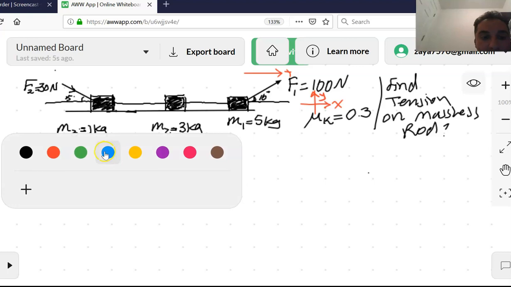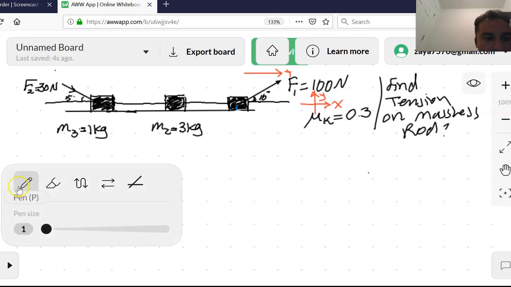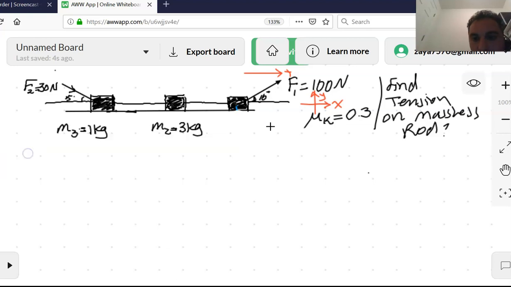I go with blue color here. Let's verify them, guys. Always the first force. So M1 is 5 kilogram.